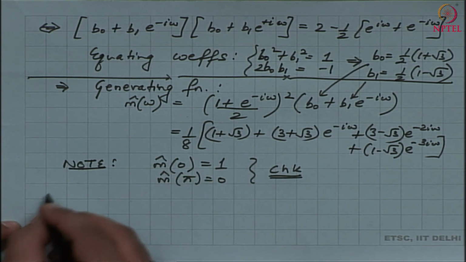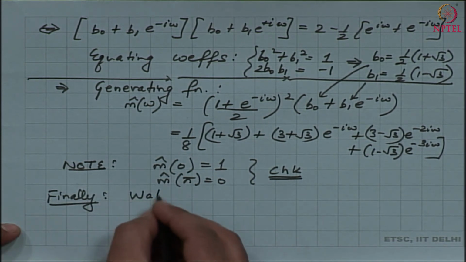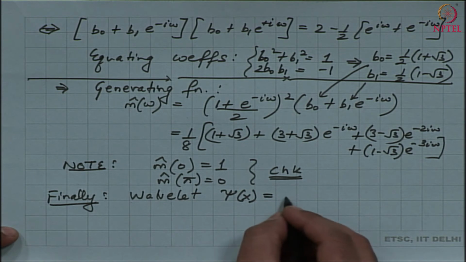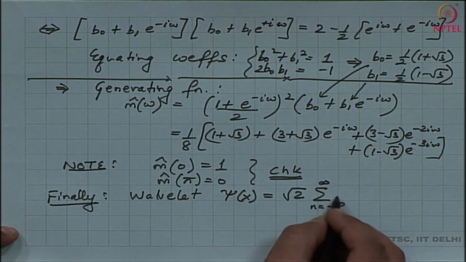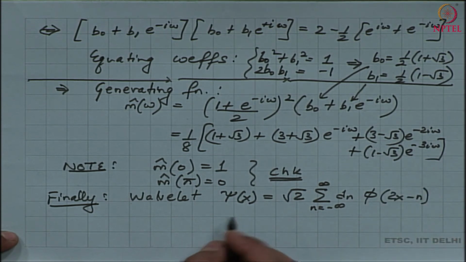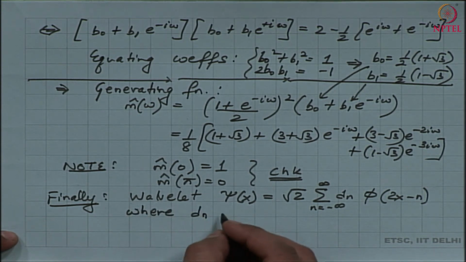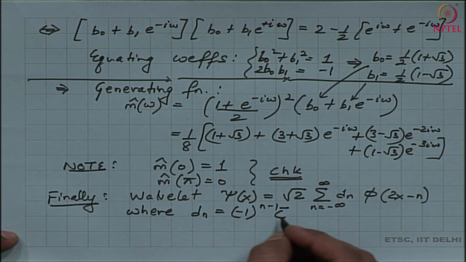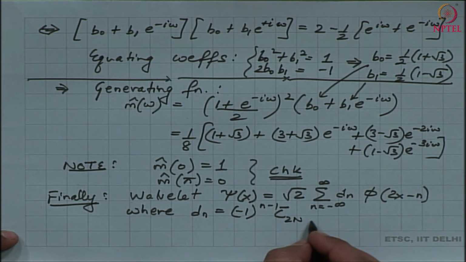Which means finally, I have to find out what the wavelet is. So, finally, my wavelet, which is the Daubechies wavelet, can be constructed as psi given by the summation n from negative infinity to infinity of d_n times the scaling function phi of 2x minus n, where my coefficients d_n are nothing but negative 1 to the power n minus 1 times the complex conjugate of c, the coefficient c_n's, of 2n minus 1 minus n.